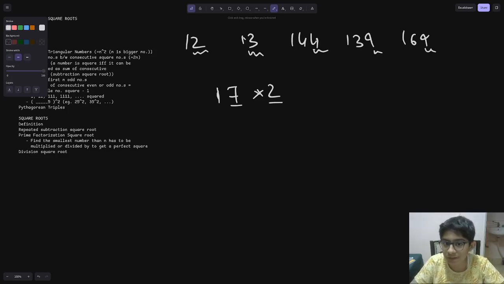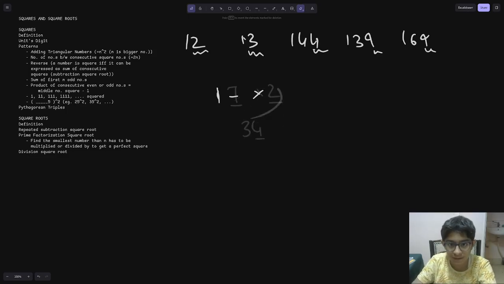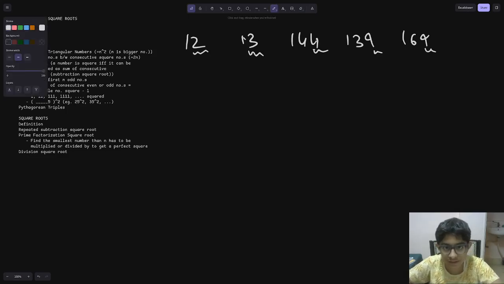If you do the multiplication out, you get 34, which indeed ends in a 4. This is a property of multiplication, and it's a trick to eliminate options also in basic mathematics exams.